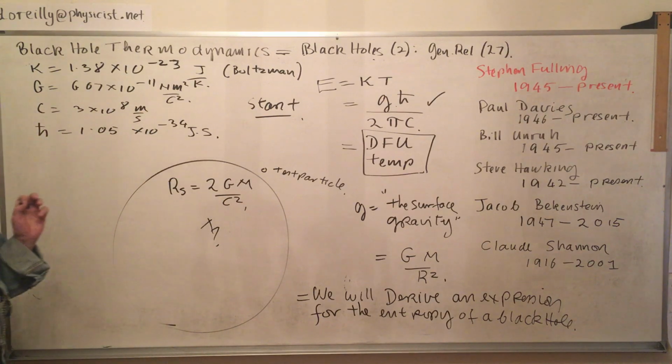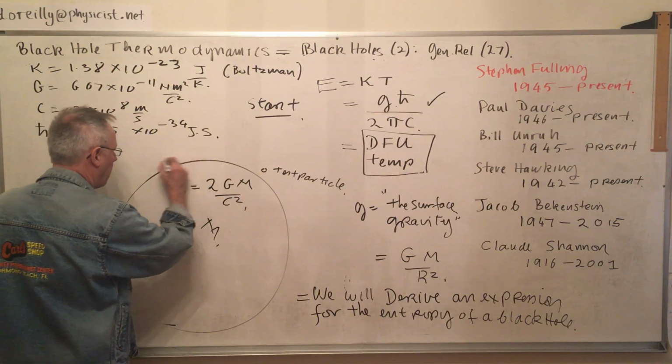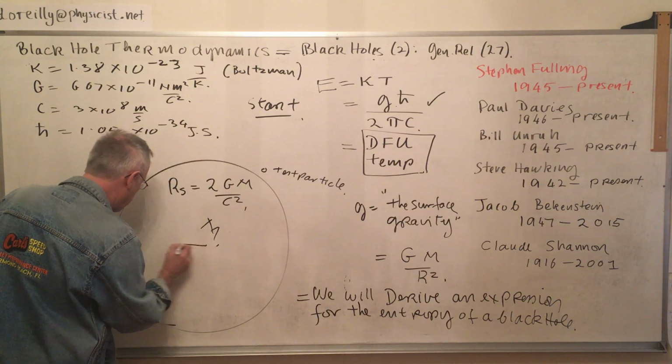That's all we need to make it a black hole. Set r equals this, and r is the event horizon. So we call this the event horizon.